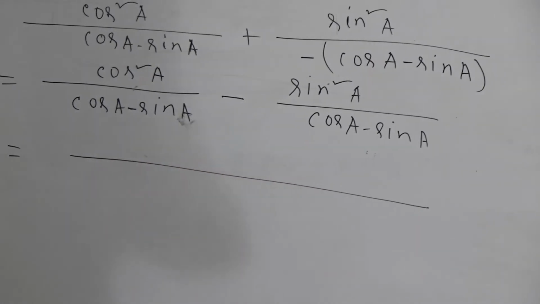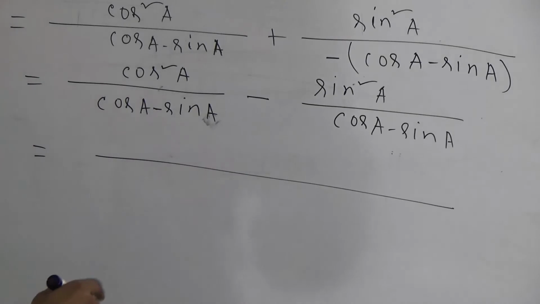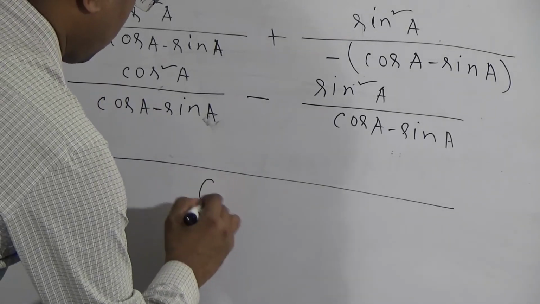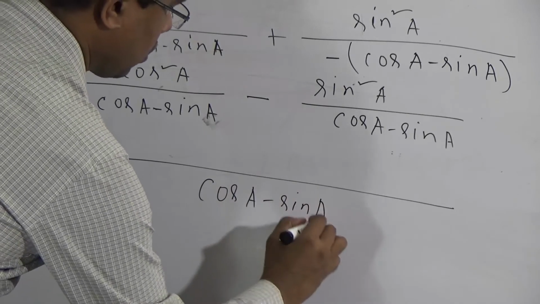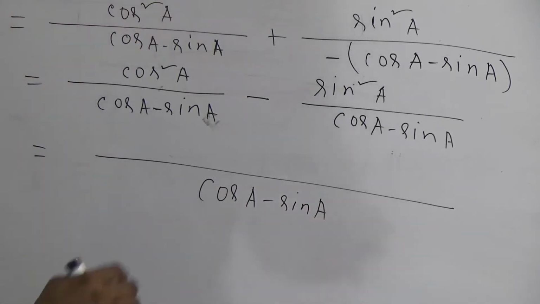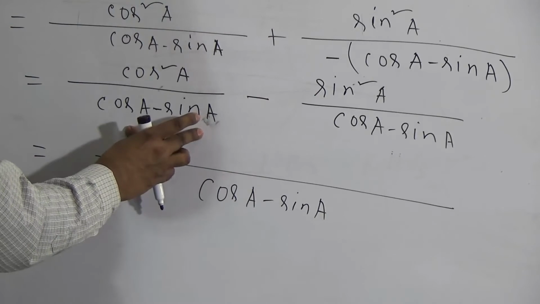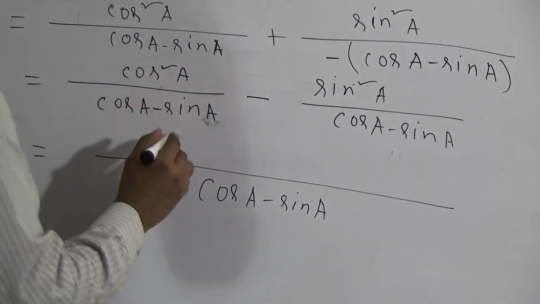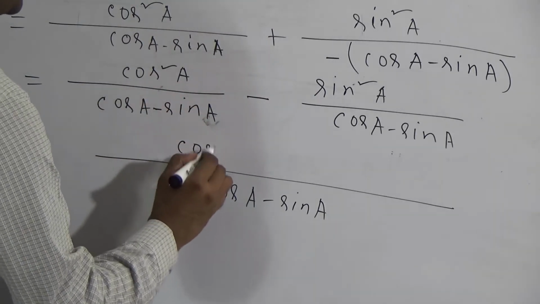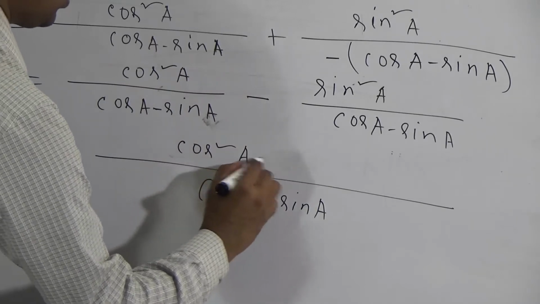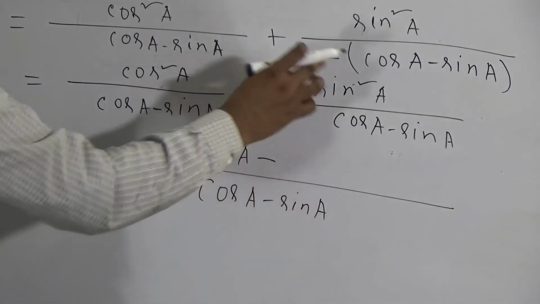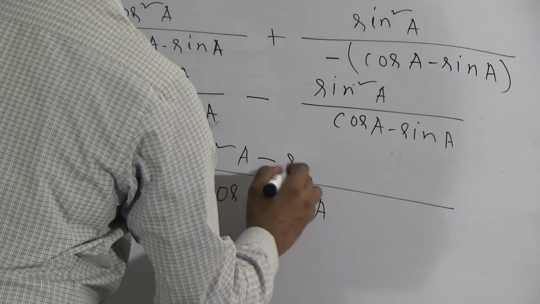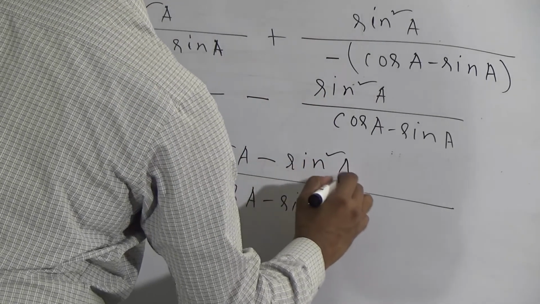So here LCM will be cos A minus sin A. Now if we divide cos A minus sin A by cos A minus sin A, it will be 1 multiplication cos square A. This is equal to cos square A. Minus here cos A minus sin A divided by cos A minus sin A equal to 1 multiplication sin square A equal to sin square A.